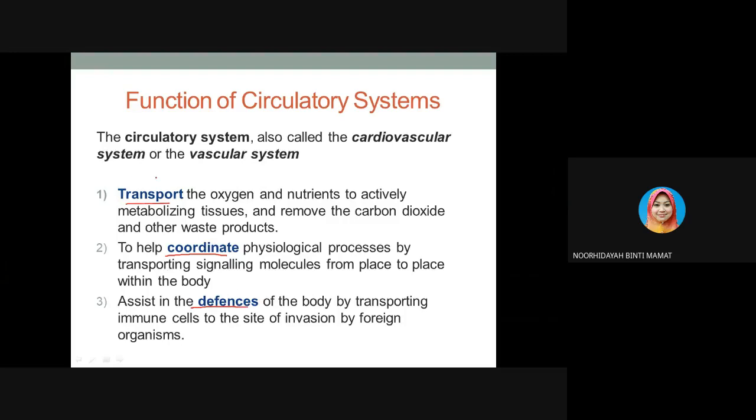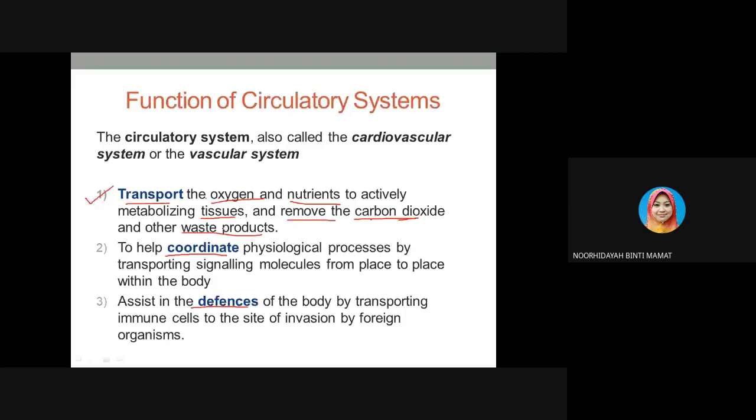The first function of the circulatory system is to transport the oxygen and also nutrients to actively metabolizing tissues, and also to transport the carbon dioxide or the waste product out of the body.